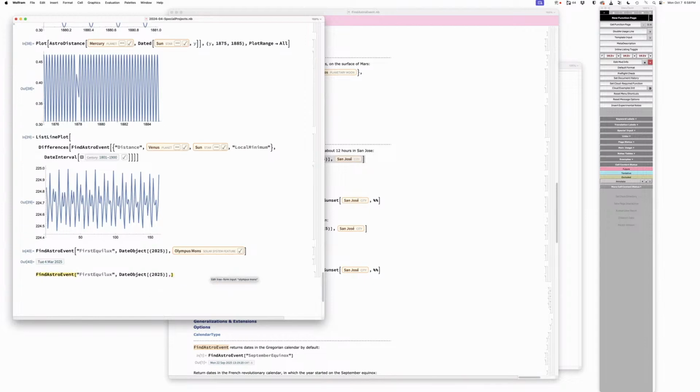Is that just coincidence? I don't know. It might be. Give me another solar system feature. One on Venus, perhaps. Well, you can do geoposition 10, 10, 0 for Venus.